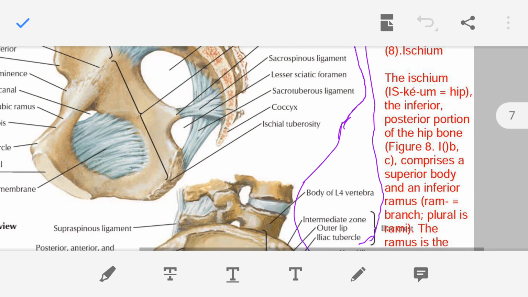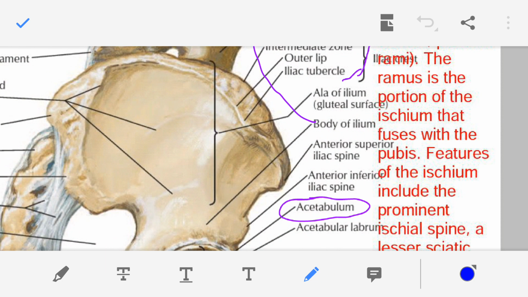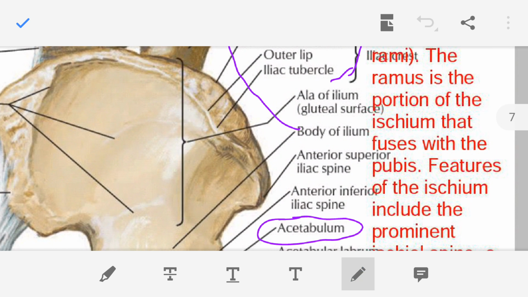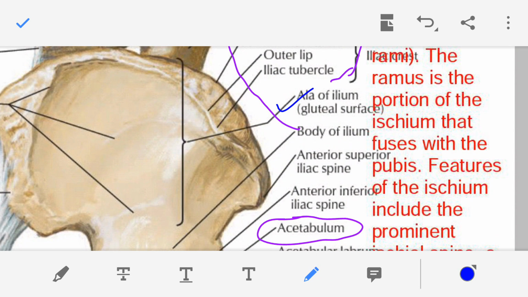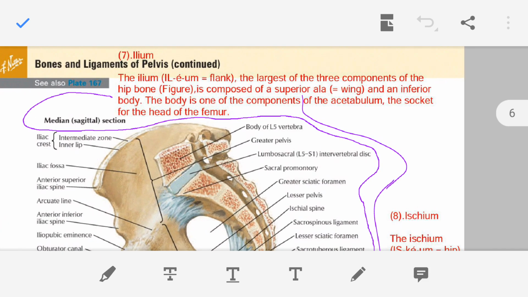So this is the ala, and this part is the body of the ilium. So we can say inferior to the ala the body of the ilium is present.